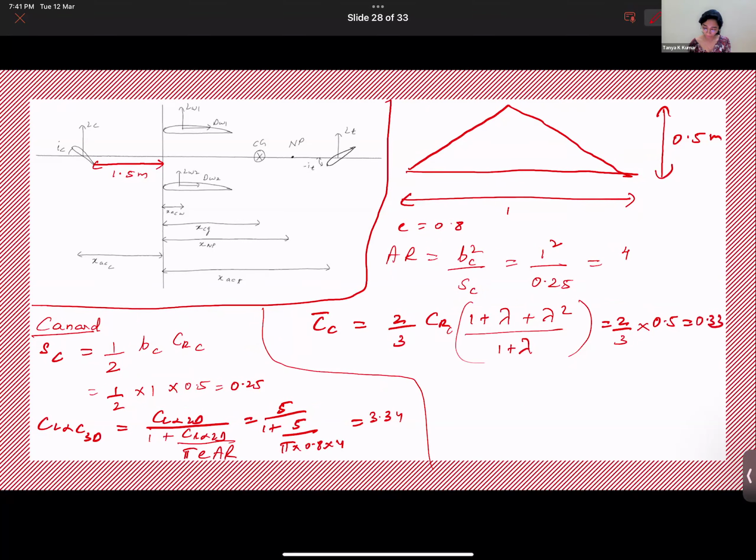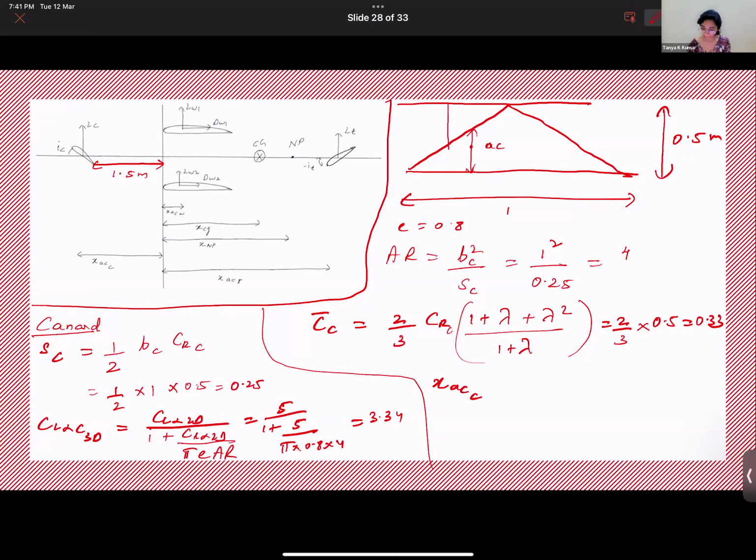Now, how do you find out XACC from the leading edge? Let's just do it from here. So if this is your mean aerodynamic chord, this is 0.33. What is the location for the aerodynamic center? This is AC. How do you find out?